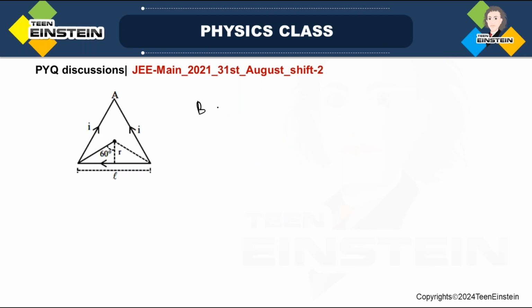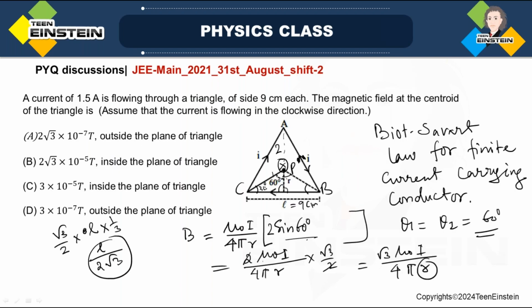So what I get is the magnetic field for this particular BC wire. This is B, this is C. So mu0 I by 4 pi, in place of R, what should I write?